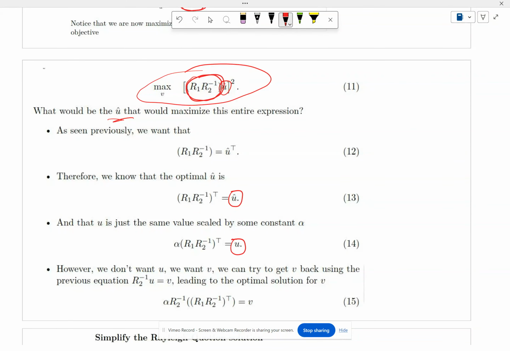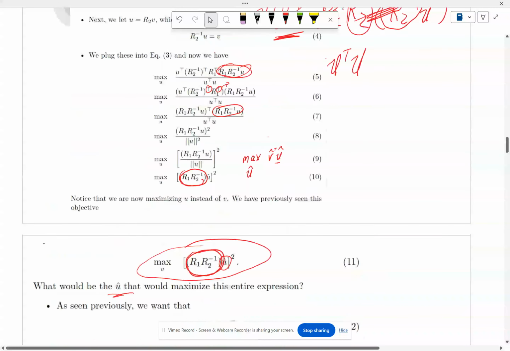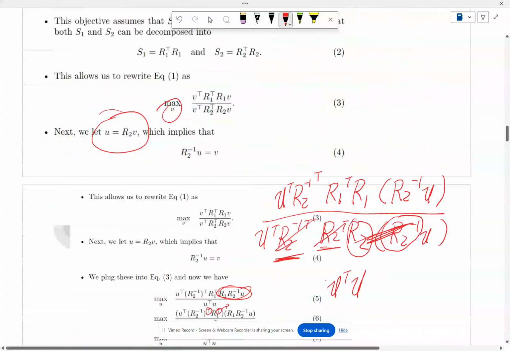So if you take u hat multiplied by some constant, it gives us u back. Okay, so we can now represent u. But remember, we're not solving u, right? Ultimately, we were trying to solve for v. It's just that we kind of replace v with u.